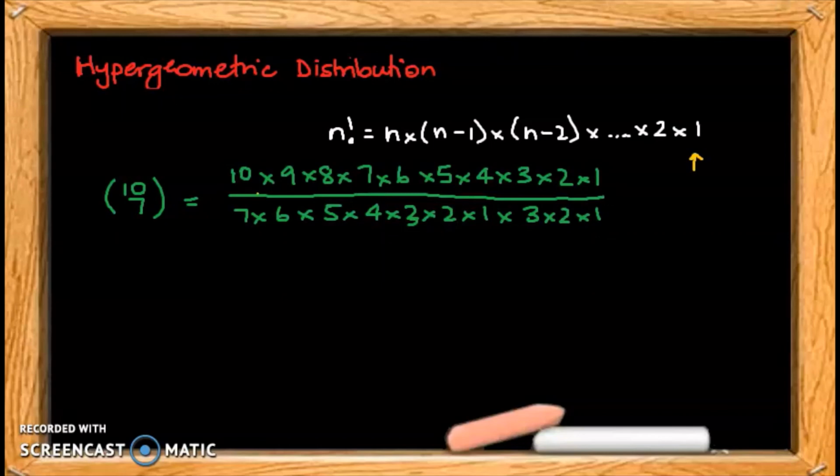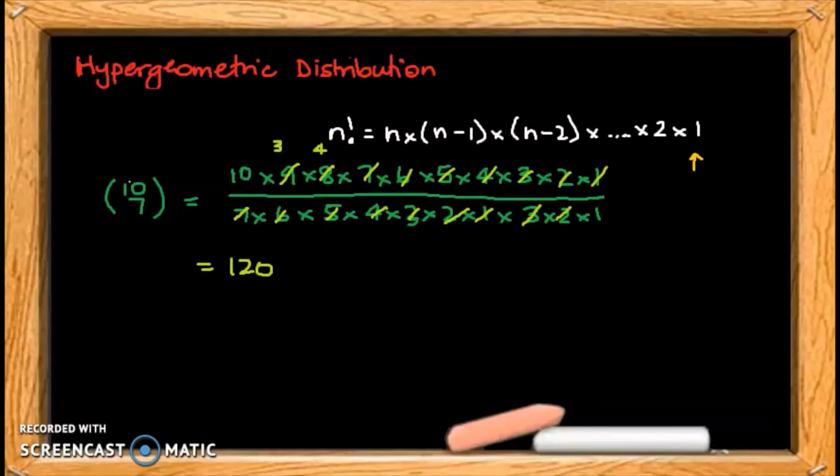And you'll notice that we can cancel huge amounts of this fraction. I've got 7, 6, 5, 4, 3, 2, 1, and 7, 6, 5, 4, 3, 2, 1. So there's a massive amount that I've already cancelled. And all I'm left with is this 3 that I can take out with part of the 9, and the 2 that I can take out with the 8. And I know that there are 10 times 3 times 4, 120 paths on a 10-step tree diagram.